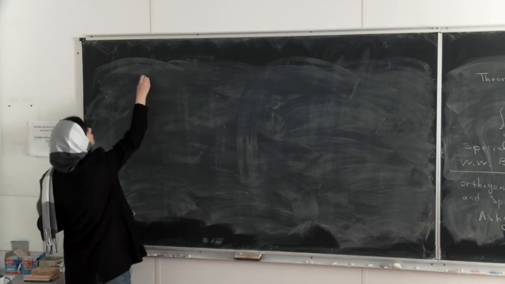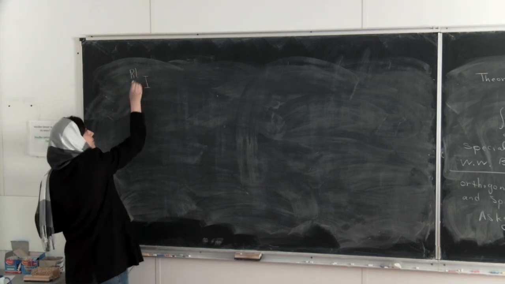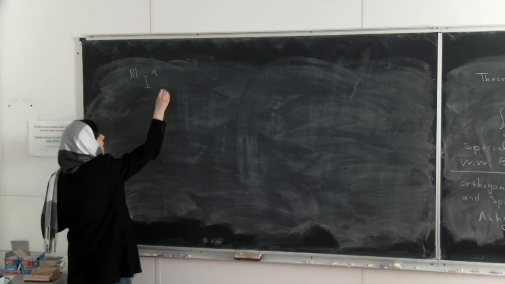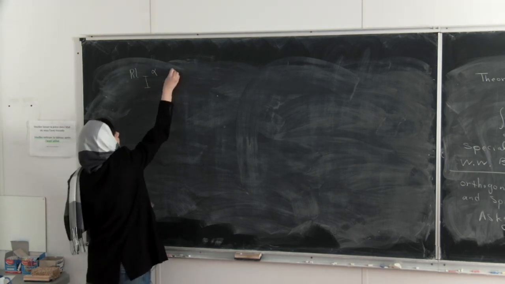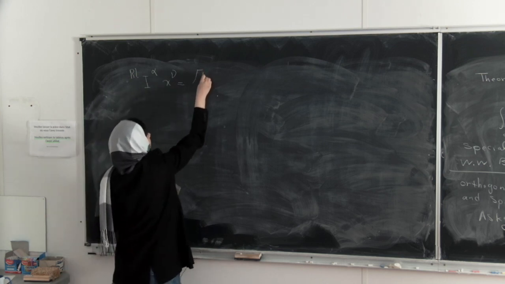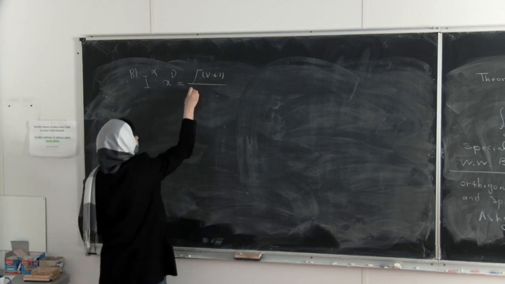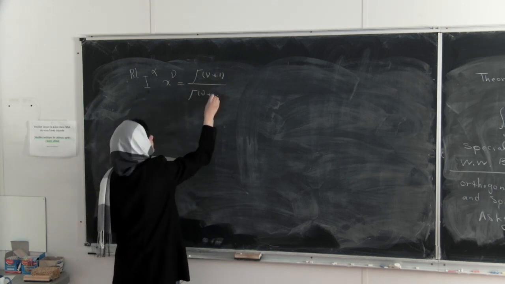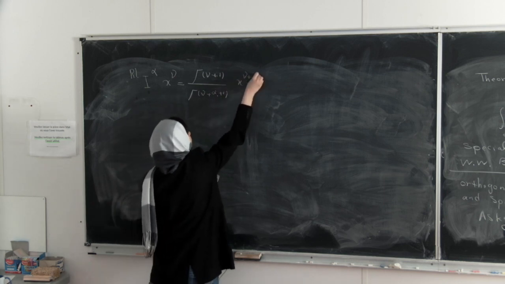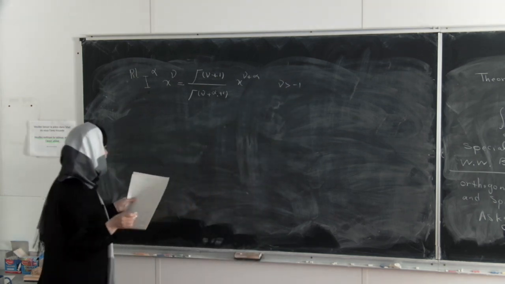I want to show you the Riemann-Liouville integral of order alpha of x to the nu. I want to show you it is gamma nu plus 1 divided by gamma nu plus alpha plus 1 times x to the nu plus alpha for nu greater than minus 1.